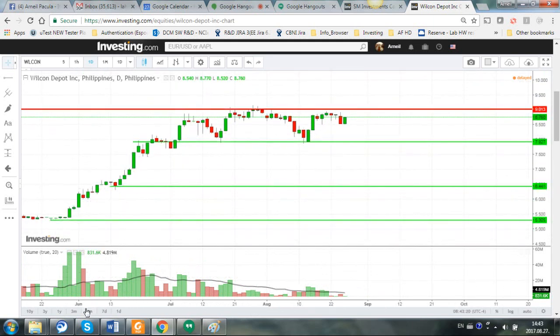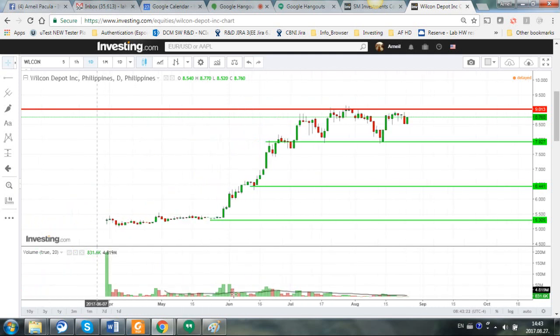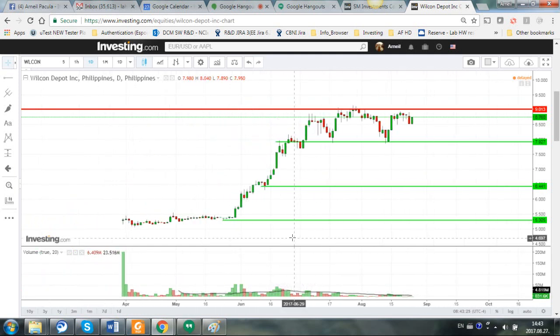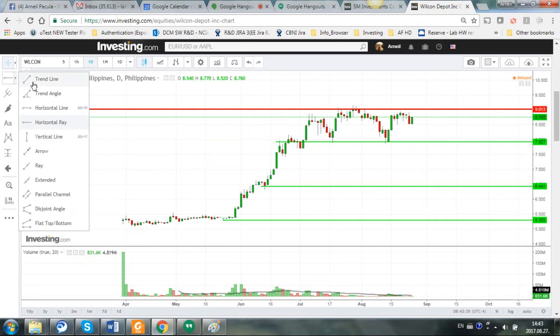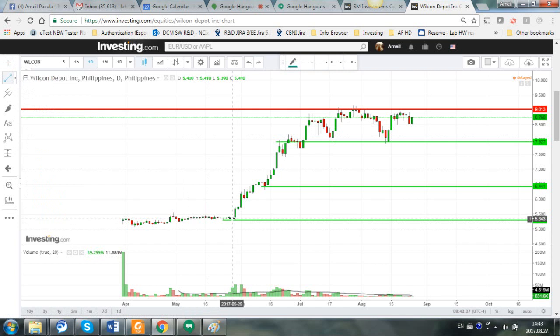Okay, so ngayon naman, we have plotted out the support and resistance. We need to find out if there is uptrend or downtrend. Pero, using our common sense, this is uptrend, di ba? Taas.